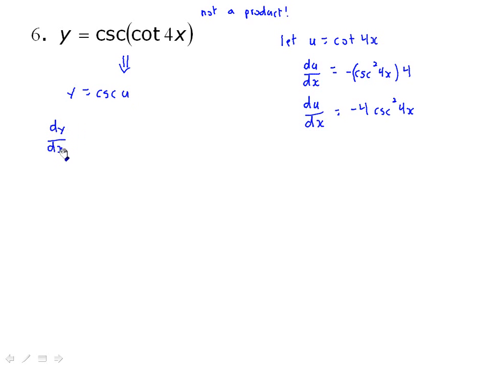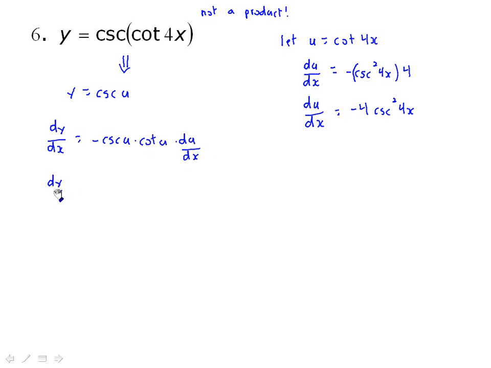Now dy dx is going to be equal to the derivative of cosecant u, all right. So we see that that's equal to negative cosecant u multiplied by cotangent u, but then also times du dx, the derivative of the inner. So that's using the chain rule properly.